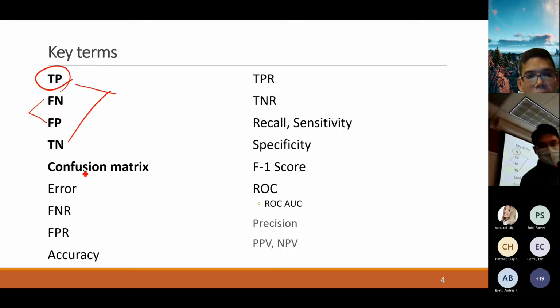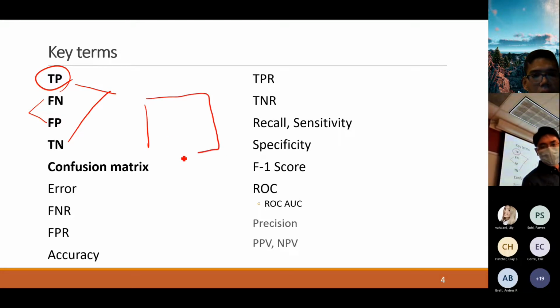So that brings out the confusion matrix, which is basically a 2x2 table with 4 cells, and any prediction algorithm will turn out to have 4 of these statistics: true positive, true negative, false positive, false negative, and they will fill in the numbers. Let's establish some kind of habit and rule here.